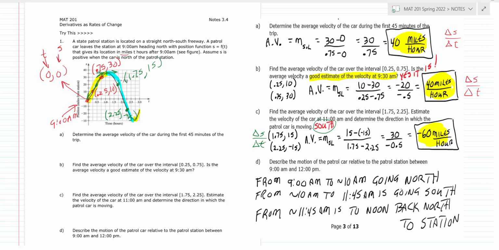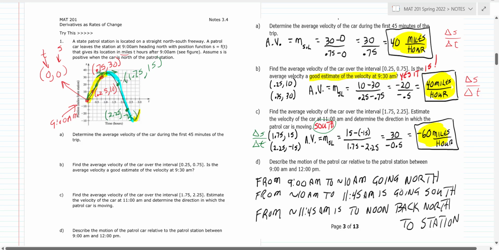Okay, so keeping that in mind on the last problem, we're describing the motion. The way I look at it, I highlighted in yellow for the first hour of the journey, that would be 9 to 10, you're going north. Then you reach that peak where the velocity is 0.